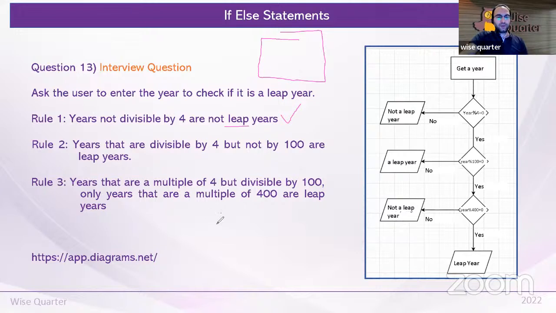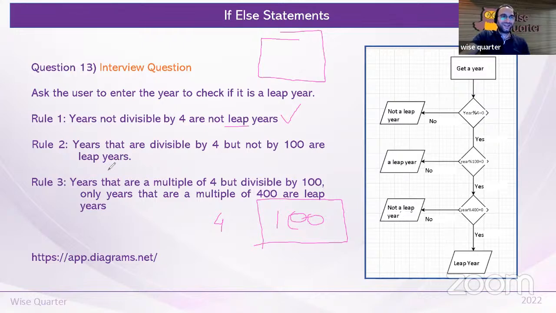There are 2 conditions here. If it can be divided by 4, normally it should be a leap year, but if it can be divided by 100, it won't be.